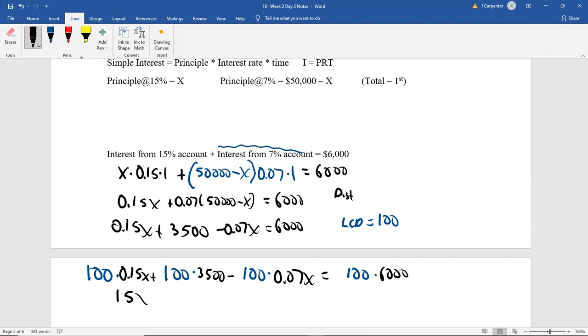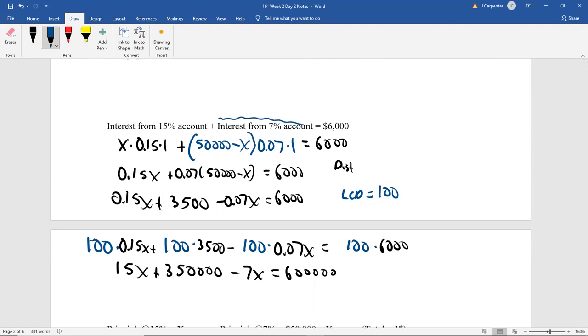So that becomes 15x plus 4 zeros, 350,000 minus 7x equals 600,000. And then no more decimals. Decimals go bye-bye. 15x minus 7x is going to be 8x.